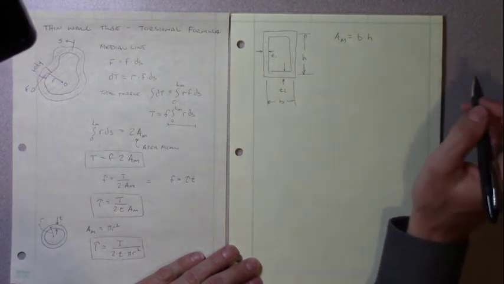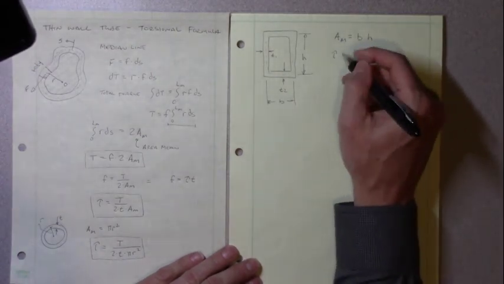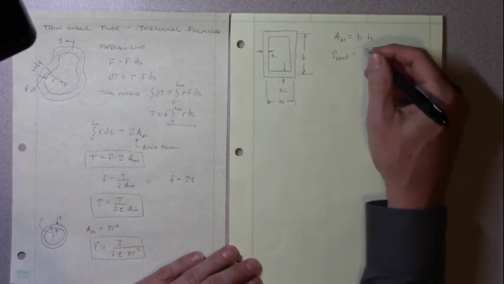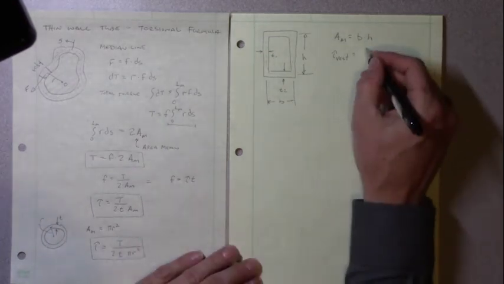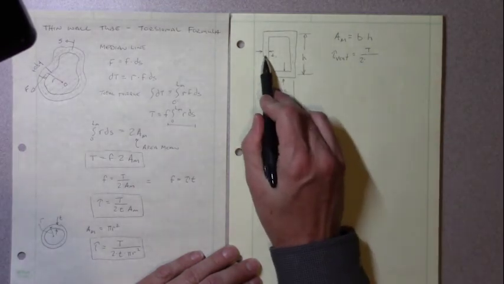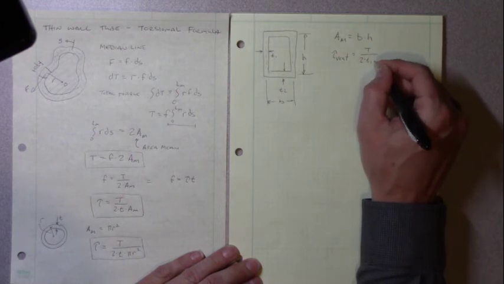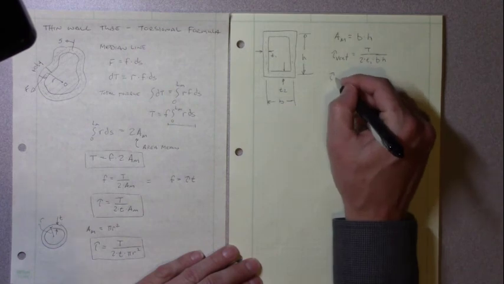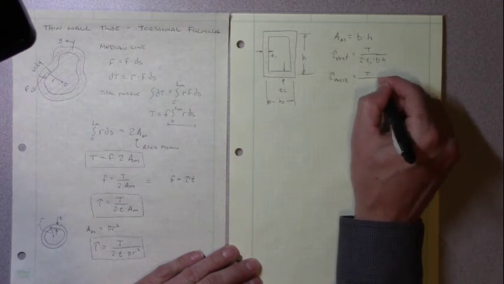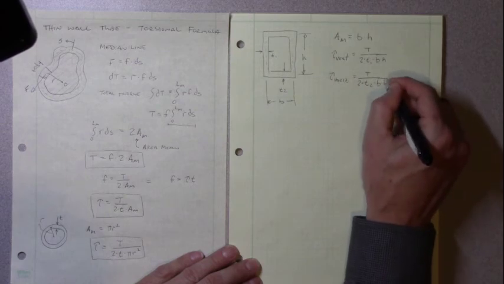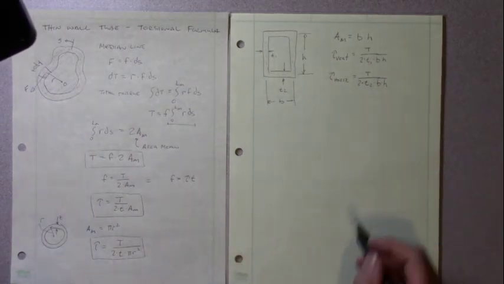Now we can come up with 2 different shear stresses, because we can have a shear stress in the vertical section. For the shear stress in the vertical section, we use our equation, which is torque divided by 2 times the thickness, which in the vertical section is T1, times our area mean, which is B times H. And then we can also look at the shear stress in the horizontal, which is the torque divided by 2 times T2 times B times H. So now we have our 2 shear stresses.